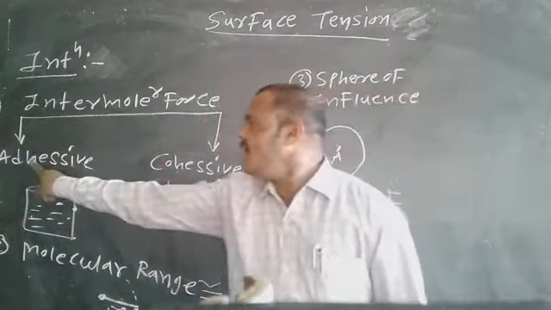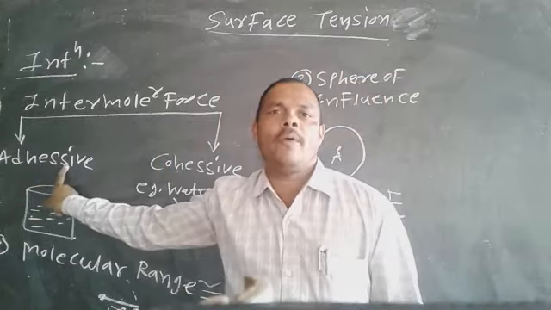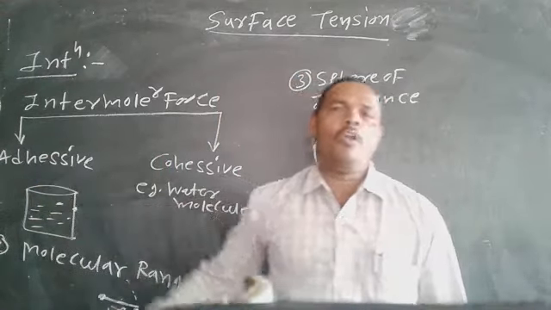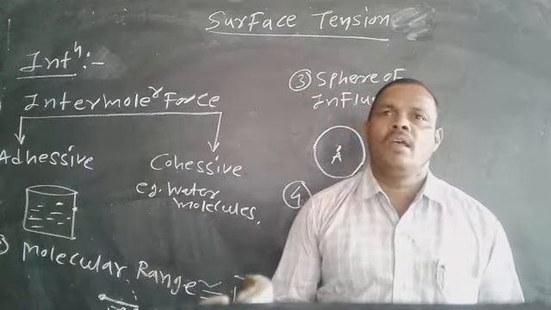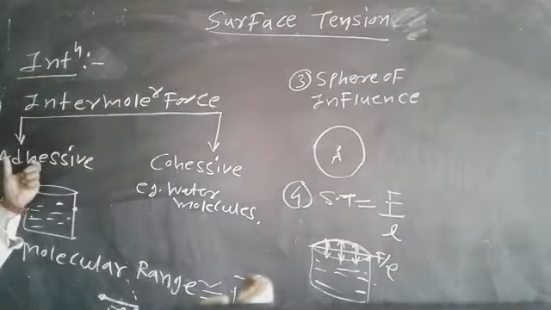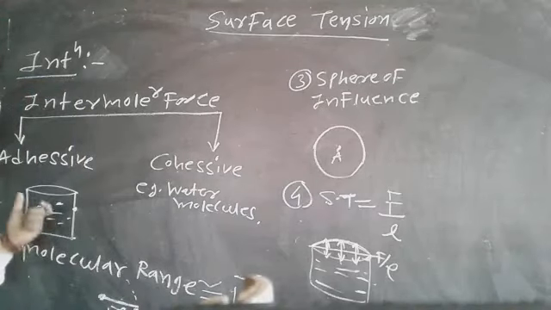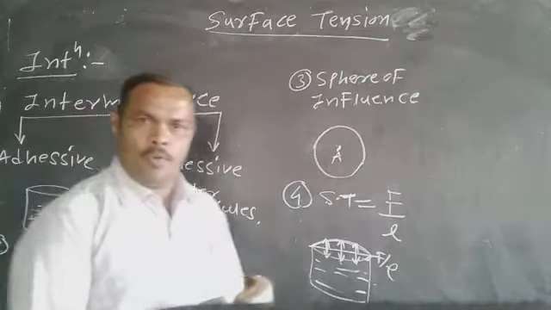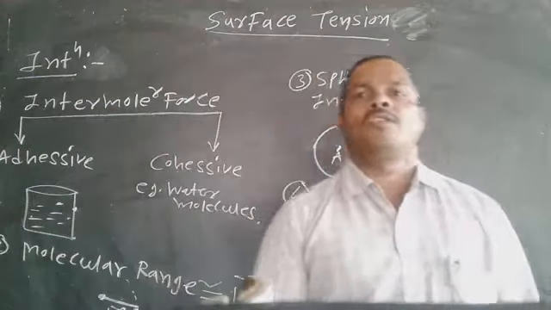First we define additive force. Force of attraction between molecules of the different substance is called as additive force. For example, the force of attraction between water and kerosene molecule is additive force.